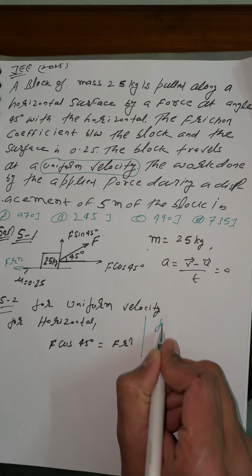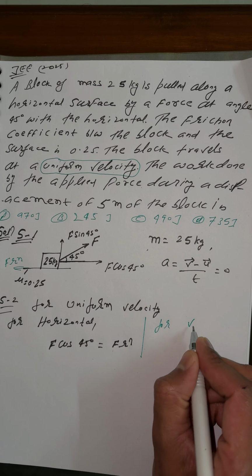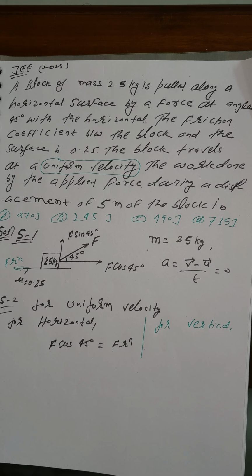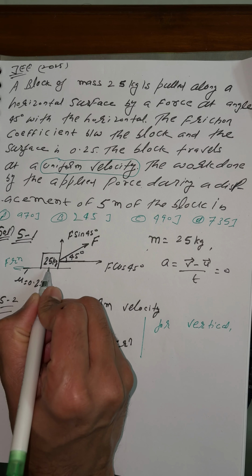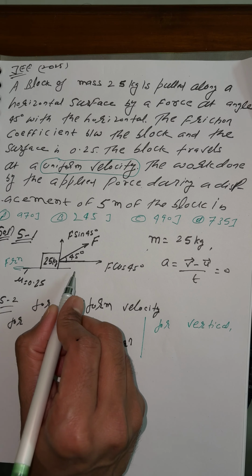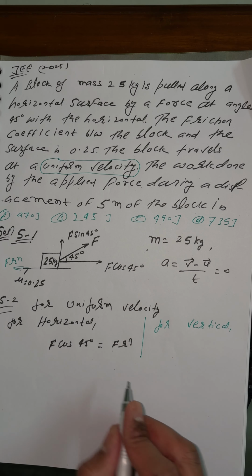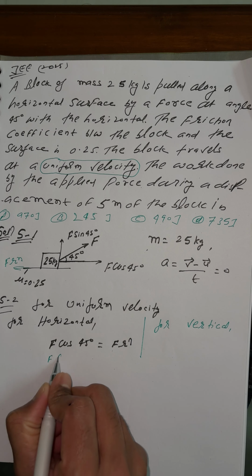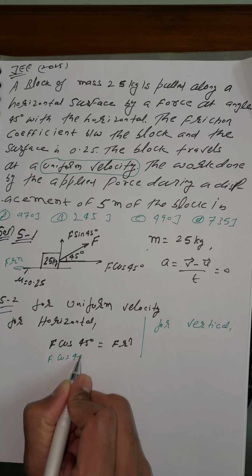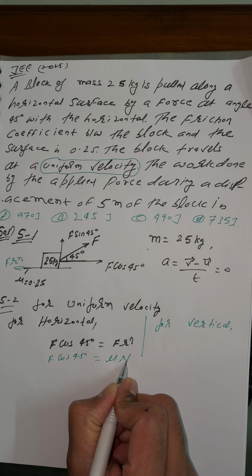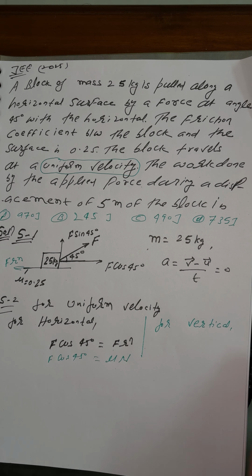Students, here you can write for vertical, right? Now we should concentrate, there is one more force. We have to talk about normal, because F cos 45 degree is equal to friction, and friction is always, keep in mind, mu N, not mu mg, right student?